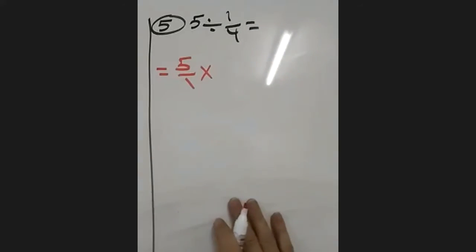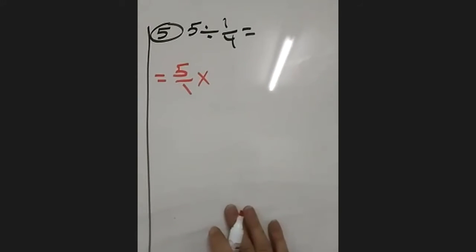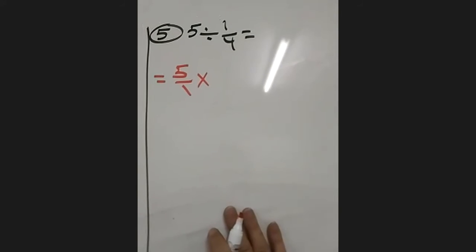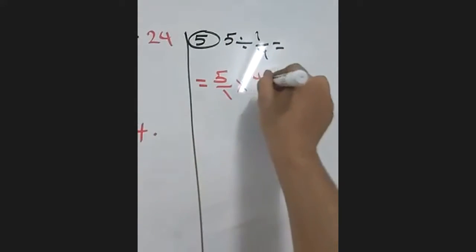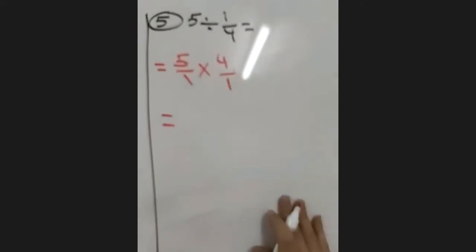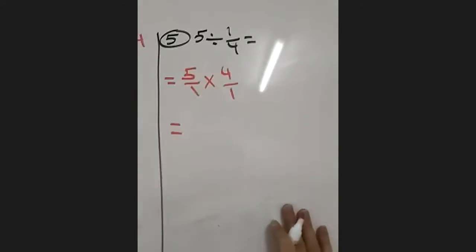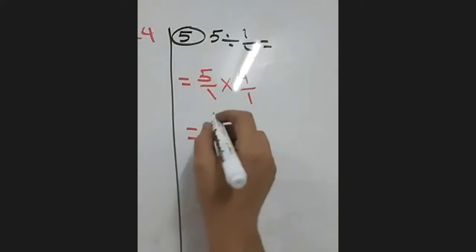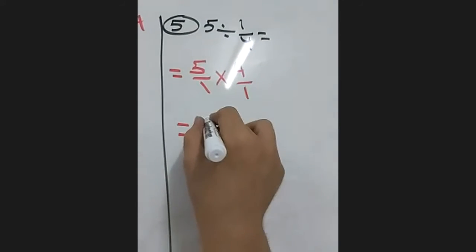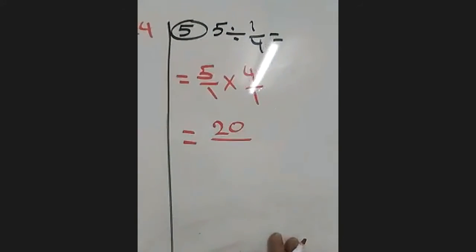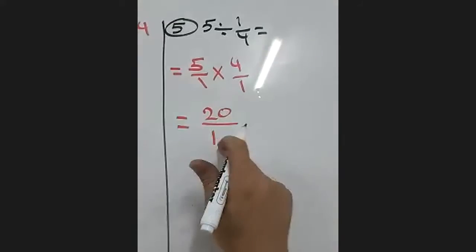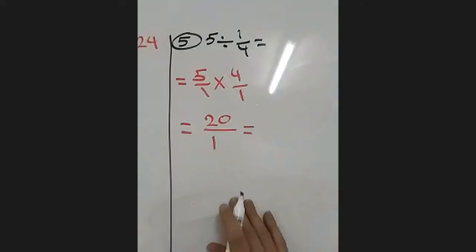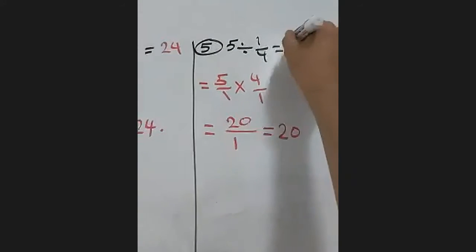And the 1/4, we make it 4/1. We call it reciprocal. Then we will multiply 5 by 4, equals 20 over 1. How much is 20 divided by 1? 20. Good. This is the quotient, right?